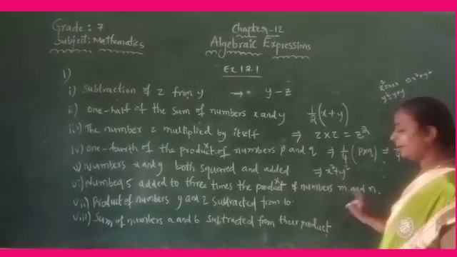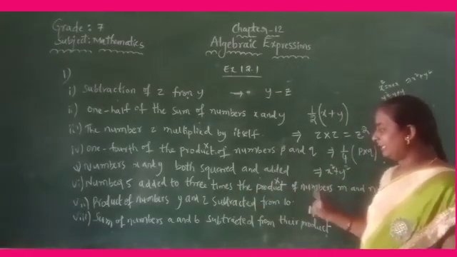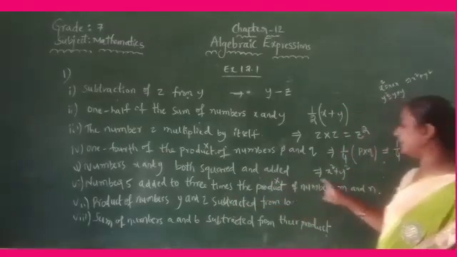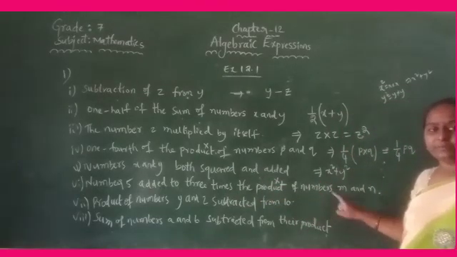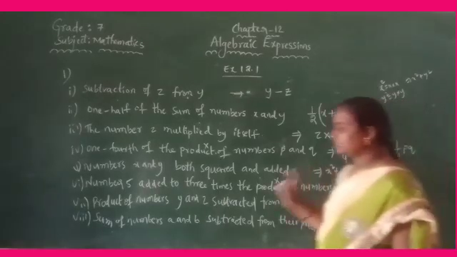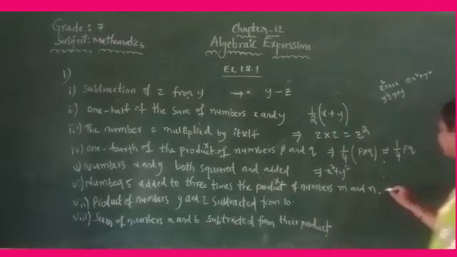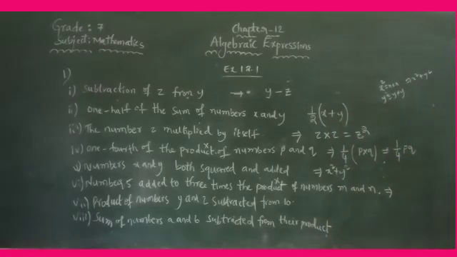To the product mn, 3 times is multiplied. To that, which number is added? 5. So the product of the numbers is mn and 5 is added.